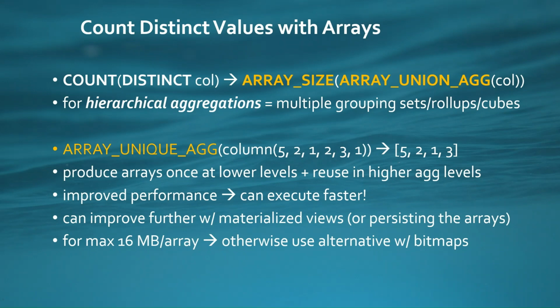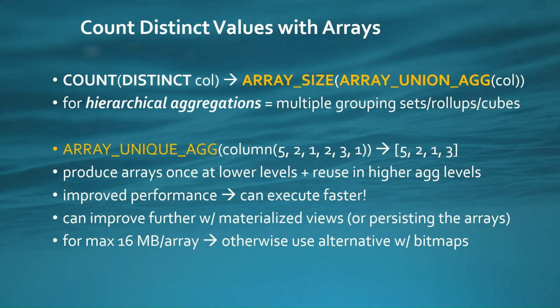Let's say 5, 2, 1, 2, 3, 1. And what array unique aggregation does, it will return one single array, because it's an aggregate function. It will combine all the data found on different rows into one single value. So it will eliminate the duplicates, and it will return just the unique values, the distinct values.